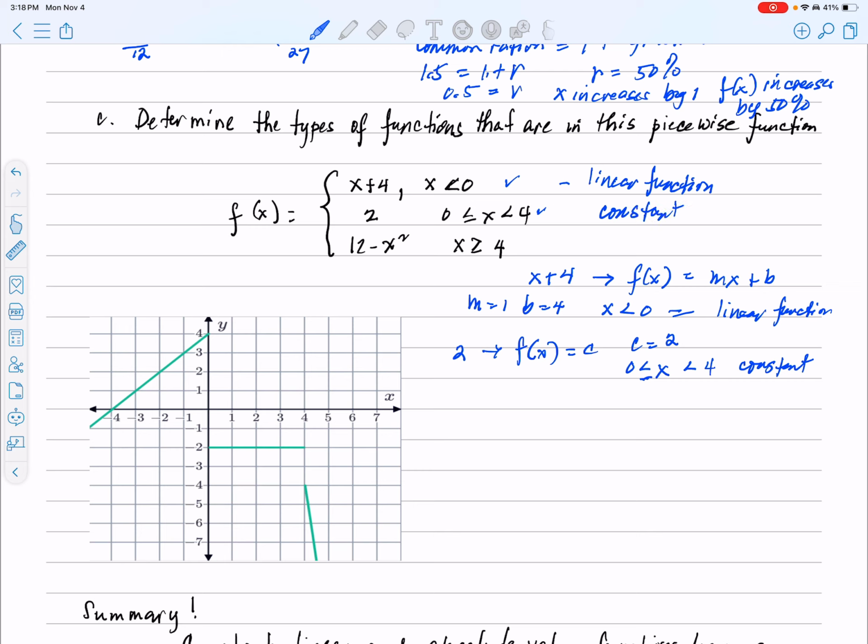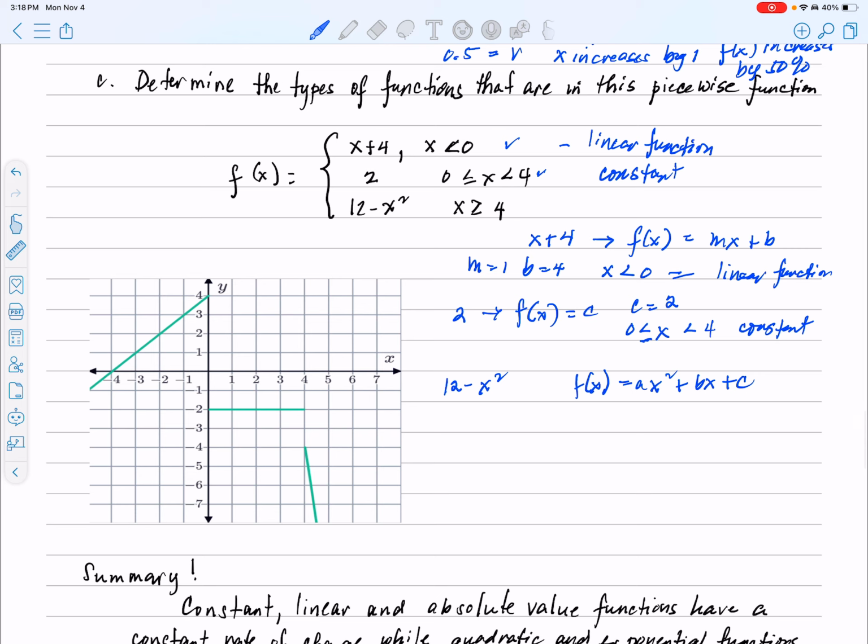The third, you have 12 minus x squared, and x is greater than or equal to 4. So you see that squared is very clear when you see that. You know already it's quadratic. So let's discuss this. Ax squared plus bx plus c. Remember, this is the form of the quadratic equation.